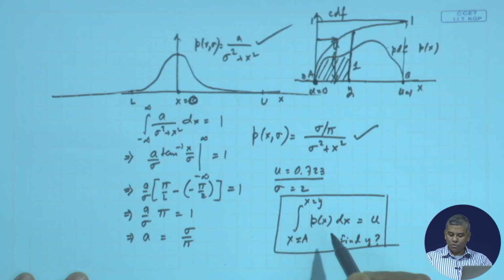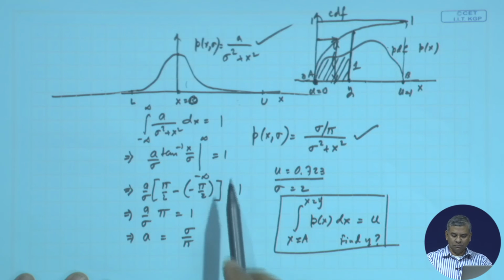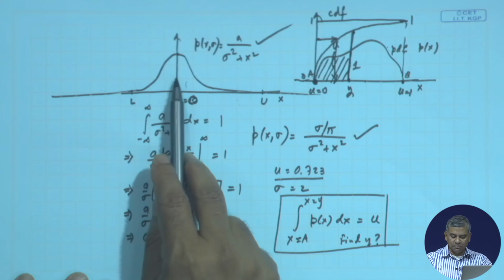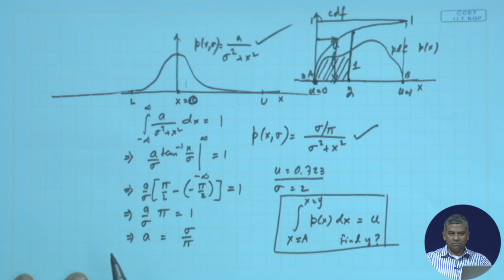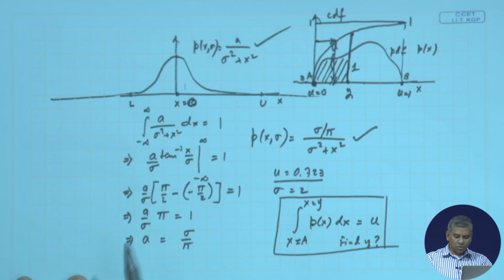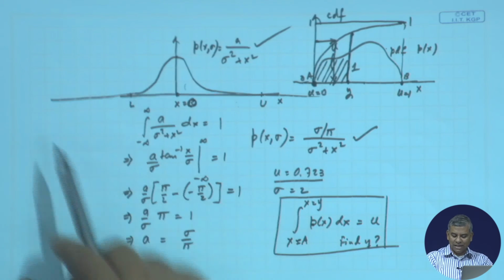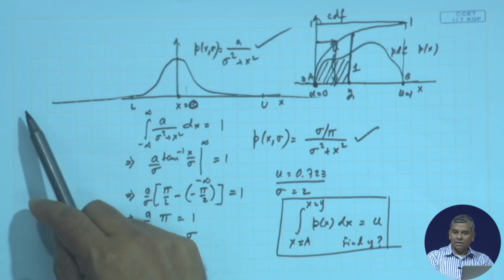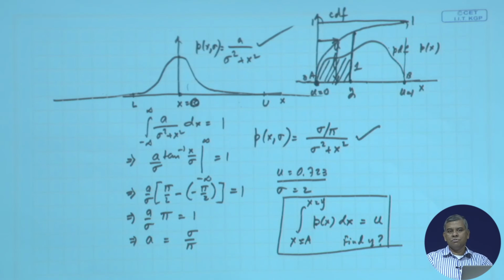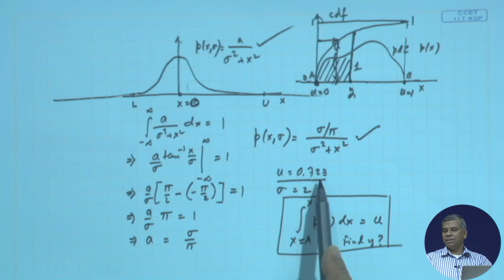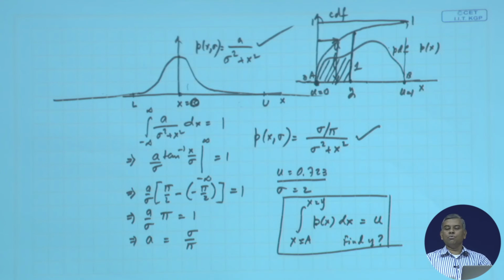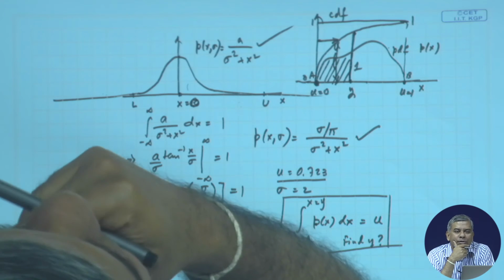Can you tell me what y should be? What is A, capital A, in this problem? What is the lower bound? Minus infinity. Because it starts from minus infinity, that's how we calculated this probability, right? So A is minus infinity, p(x) is this function, u is given to be 0.723, and sigma is given to be 2. So find and tell me what y is.